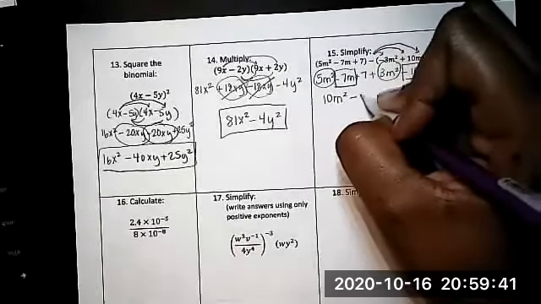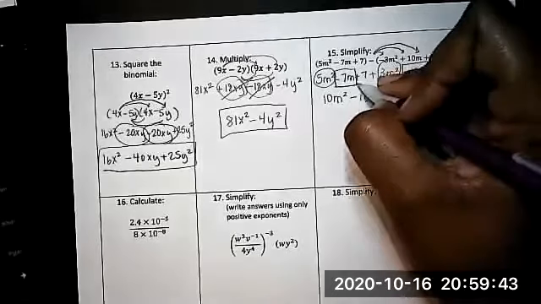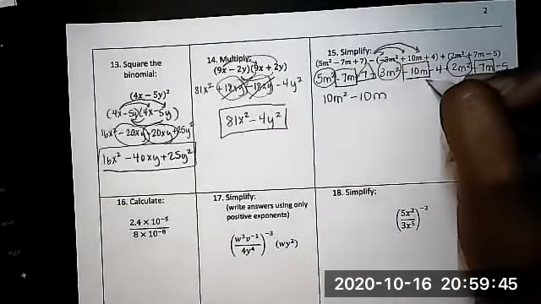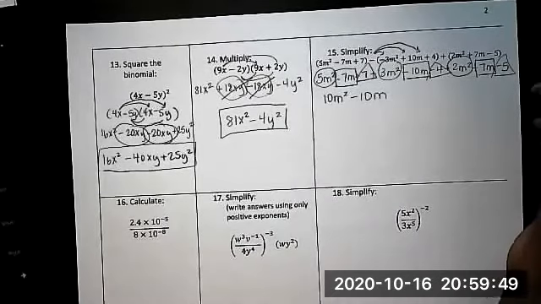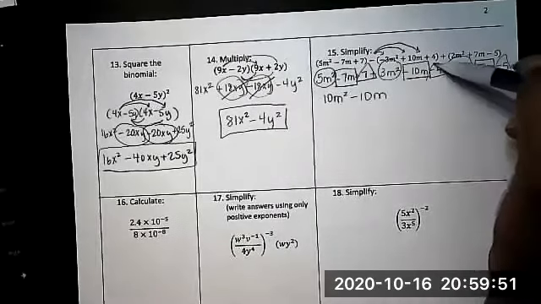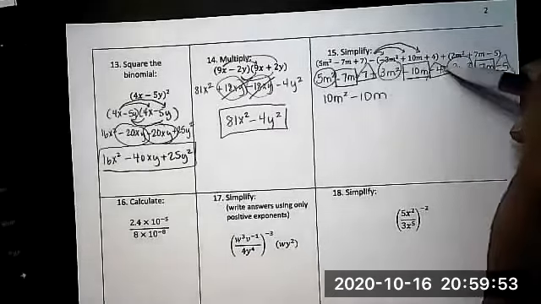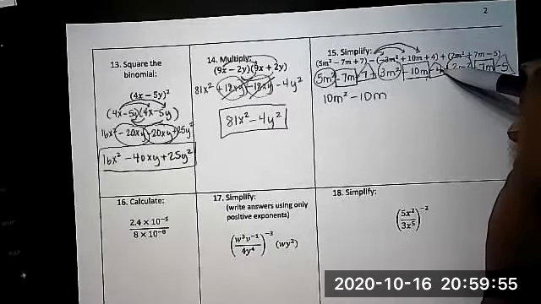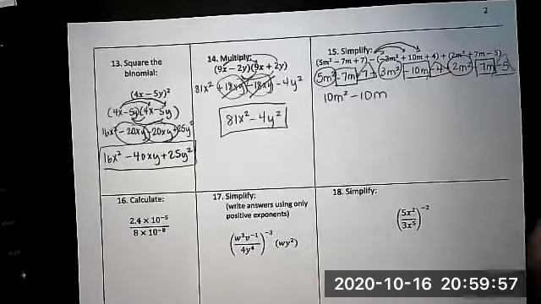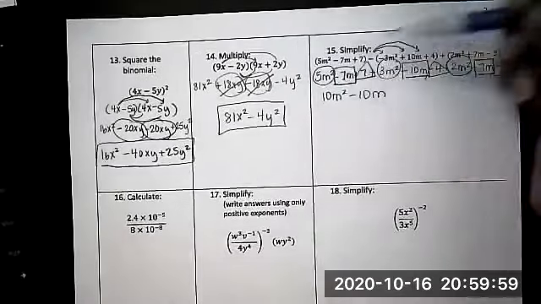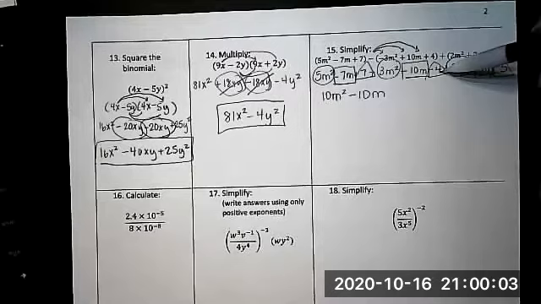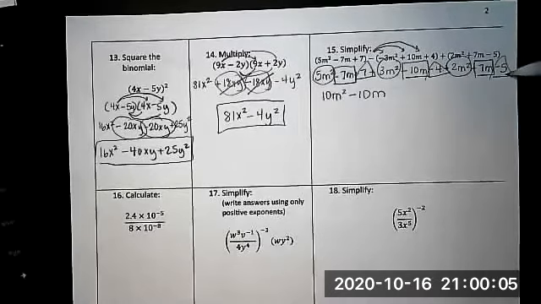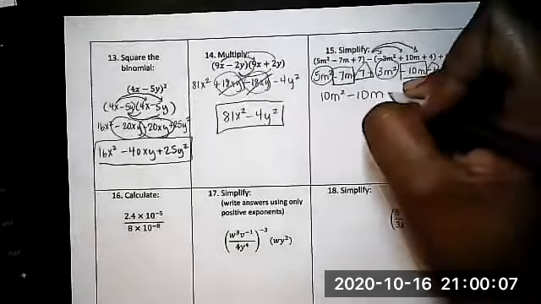So negative 10m, and then 7, negative 4 and negative 5. 7 minus 4 is 3, or is that negative? No, it's positive 7, I'm sorry. 7 minus 4 is positive 3, and then minus 5 is negative 2.